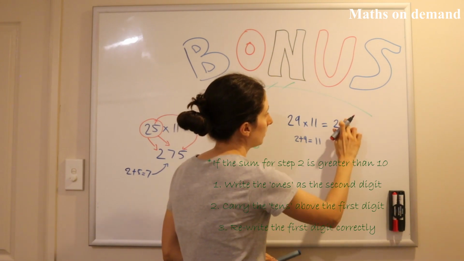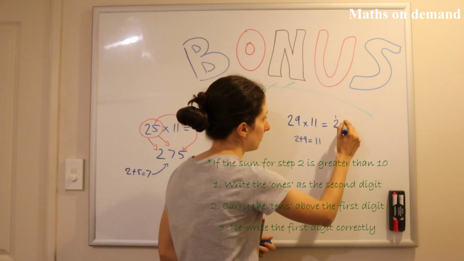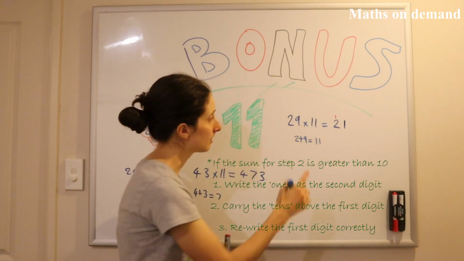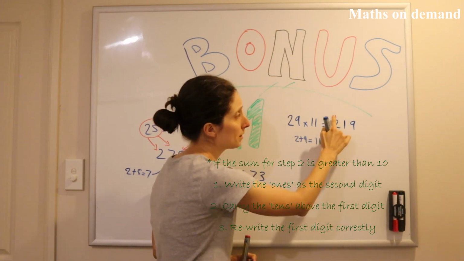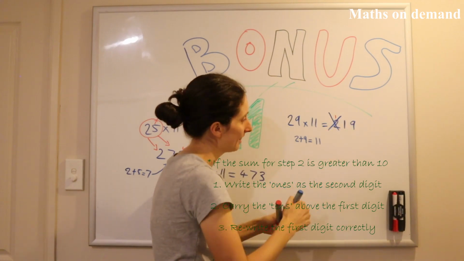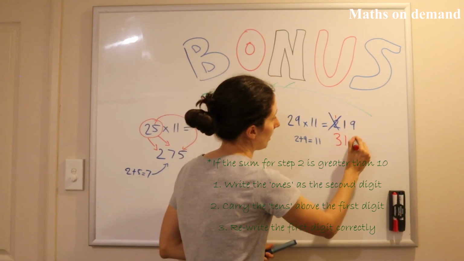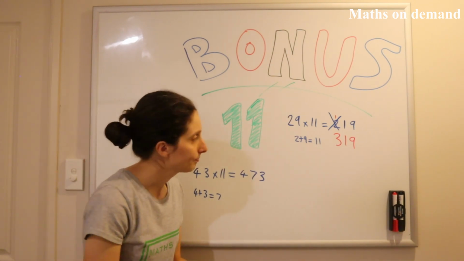So the 1 for the tens goes here, and the 1 for the ones goes in the middle. And then we write the last digit, which was 9. Now that's not the answer, it's not 219, it's 2 plus 1 makes 3. So we go, not that, this, 319.